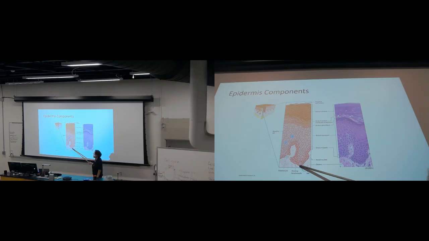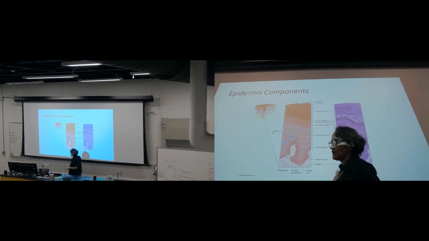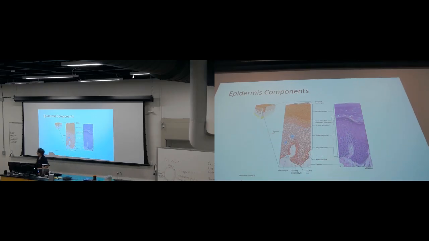So these help us to have sensations of soft touch. And then we also have specialized cells that produce a pigment that are called the melanocytes that gives our skin the color that we have.